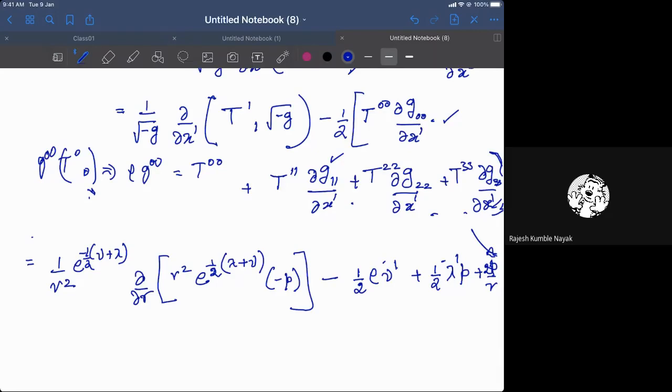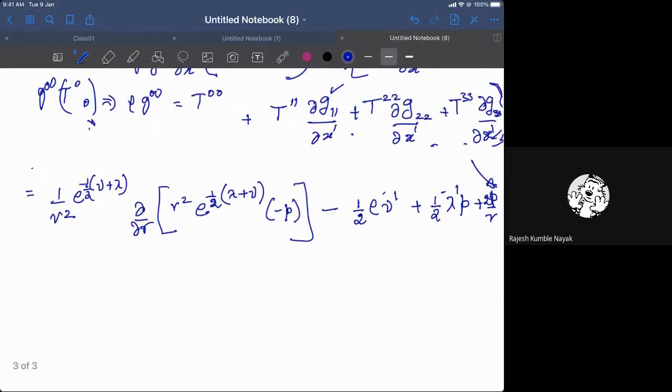The sine square would cancel out. Okay, we can further simplify this. This goes as a 2r.